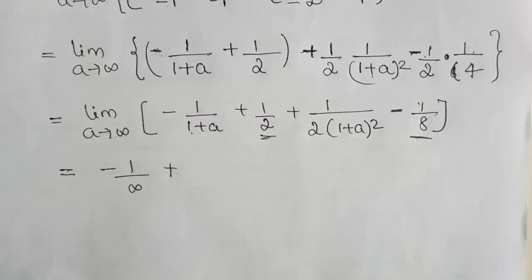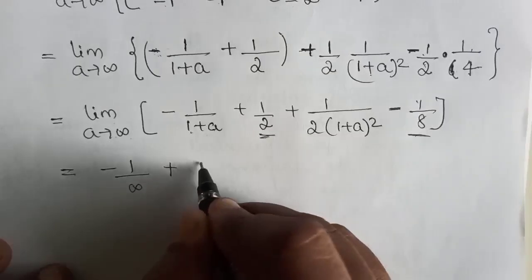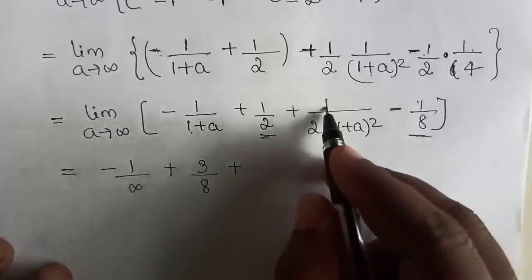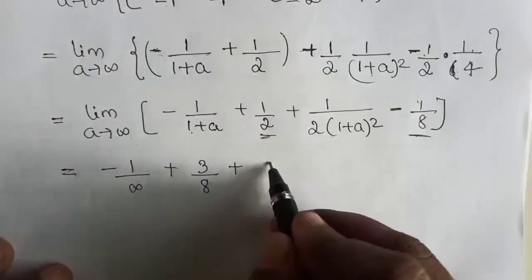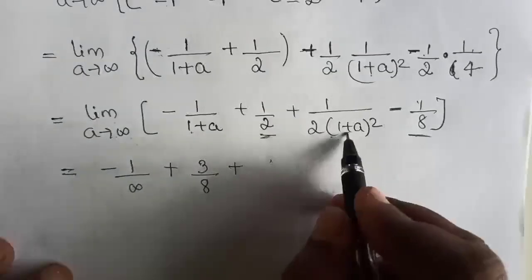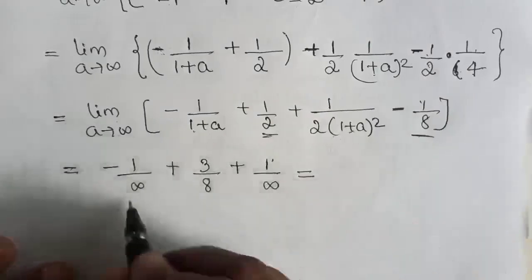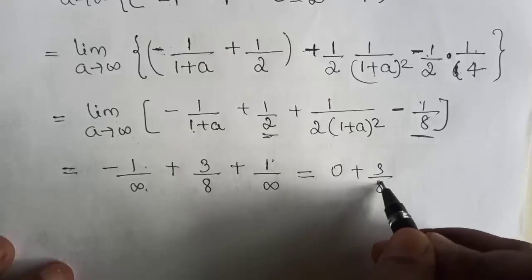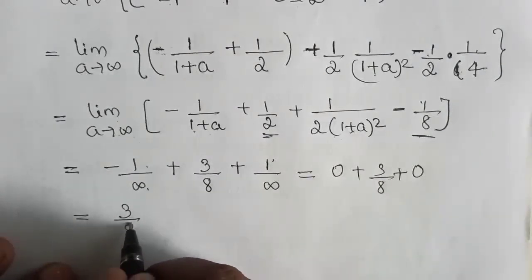On taking the LCM and simplifying, we get 3 by 8 plus, again applying the limit a tends to infinity, 1 divided by infinity square is 0, and 1 by infinity is 0. So 3 by 8 plus 0, we get 3 by 8.